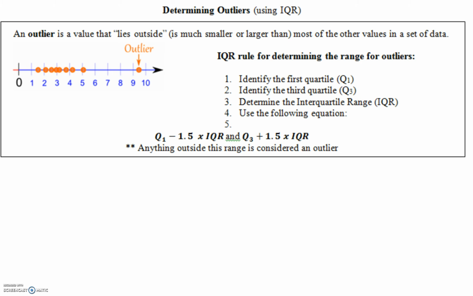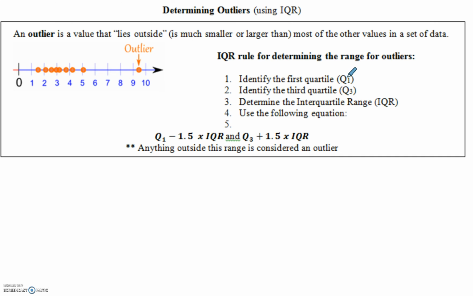The next thing that we're going to look at is determining outliers from a set of points using the IQR. So an outlier is a value that lies outside most of the other values in a data set. So in order to figure out what exactly an outlier is, we need to first identify the Q1, the first quartile, identify the third quartile, the Q3, figure out what the IQR is, and then use the following equation.